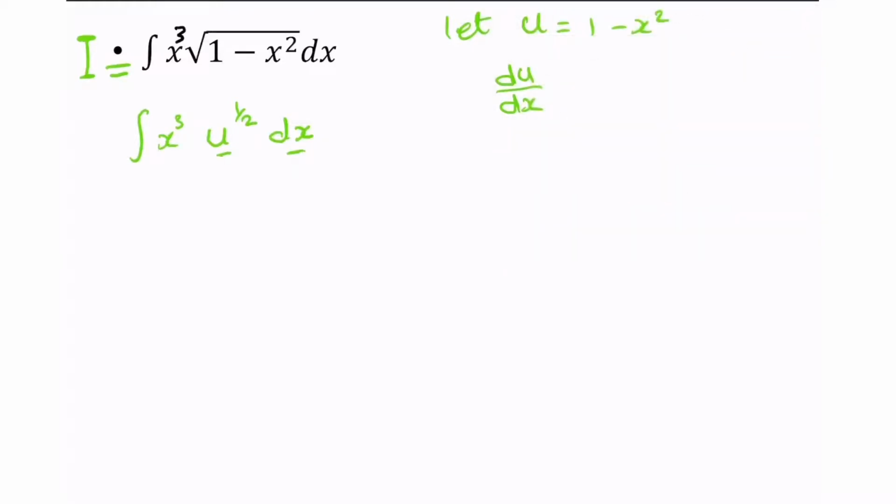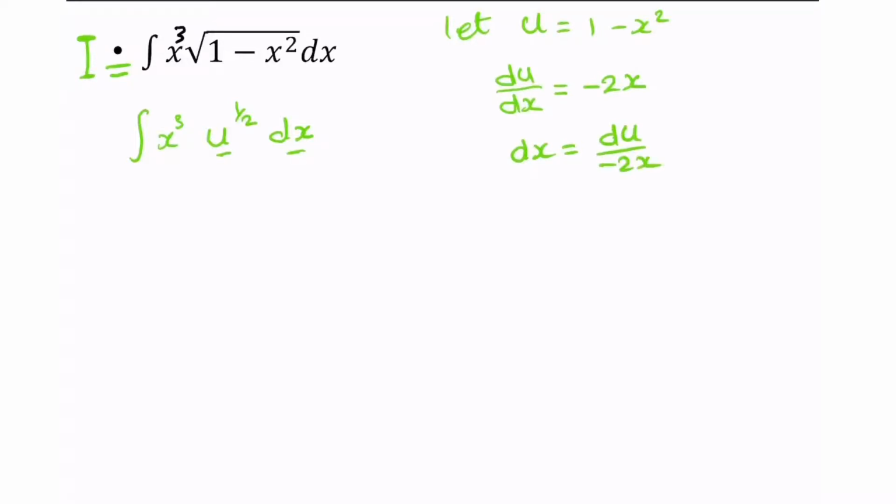Okay, so make sure you find the step as du over dx, which in this case is minus 2x. Okay, and with cross multiplication, dx is du over minus 2x.